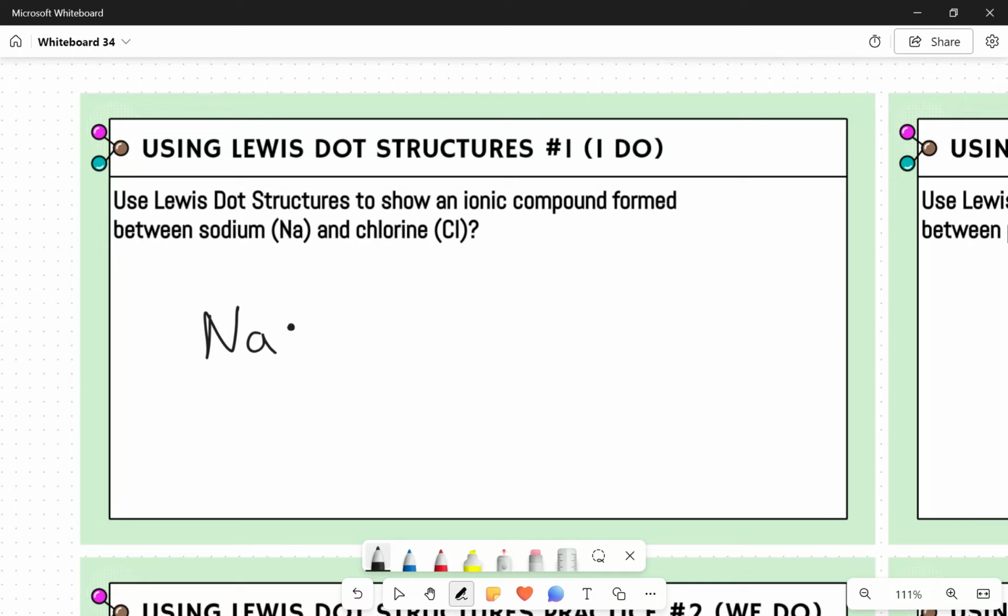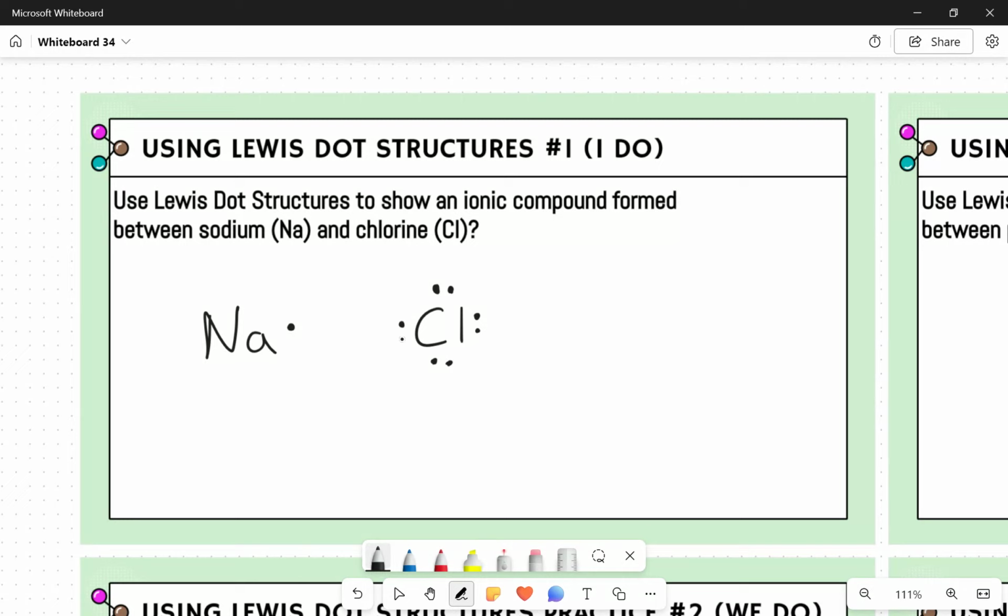Chlorine, on the other hand, is Cl. And chlorine has 7 valence electrons, so I'm going to put 7 dots around it. 1, 2, 3, 4, 5, 6, 7. Okay, so we've got the two Lewis dot structures.